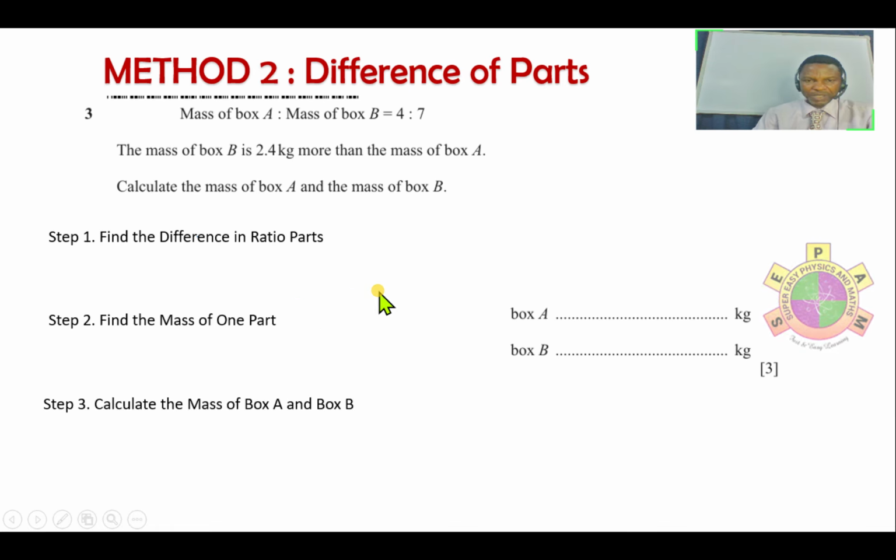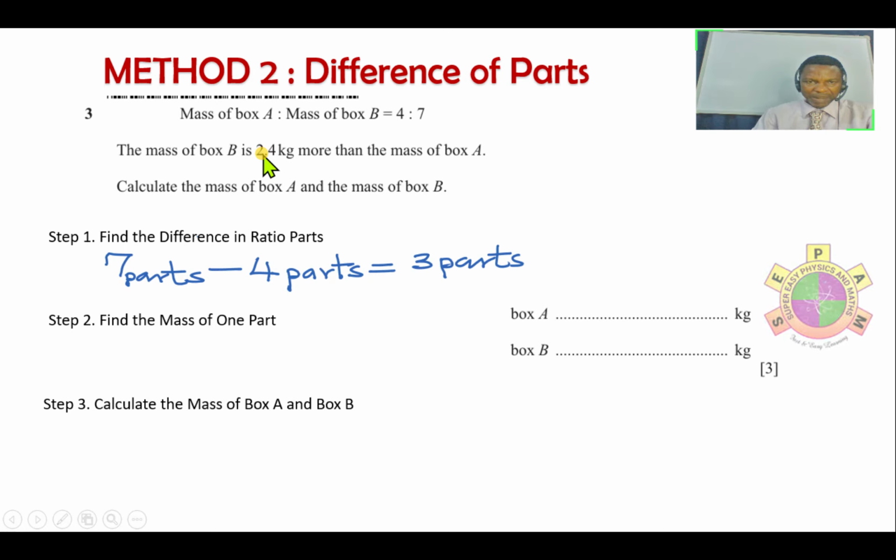There are three steps that you take to calculate this question. First of all, find the difference in ratio parts, which is 7 take away 4. That means the mass of B is 3 parts bigger than that of A. So that is 3 parts. Then next, find the mass of one part.